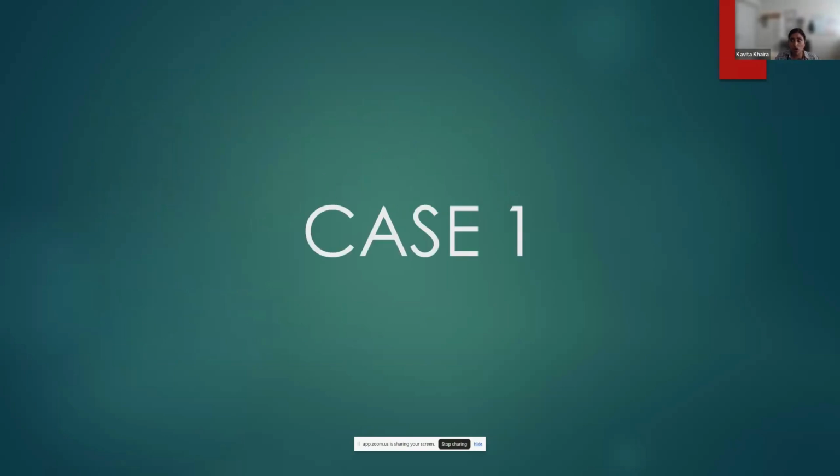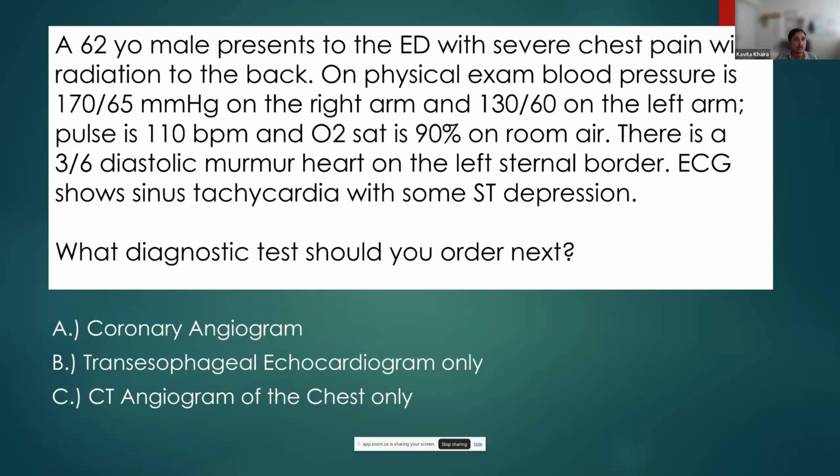So case one, we have a 62-year-old male who presents to the ED with severe chest pain with radiation to the back. On physical exam, his blood pressure is 170 over 65 on the right arm and 130 over 60 on the left arm. Pulse is 110 beats a minute and oxygen sat is 90% on room air.